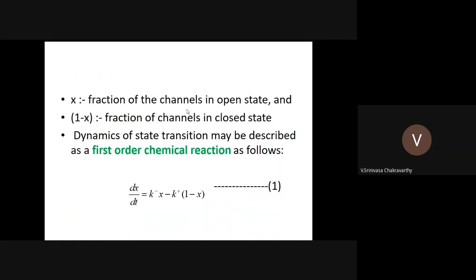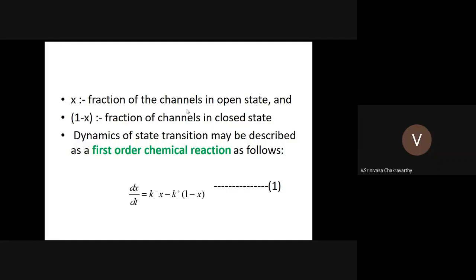The same thing can also be applied to this situation. We are representing the open-close dynamics of a channel as if one molecule is becoming another molecule and also going in the backward direction. To describe that, let us assume that X is the fraction of channels in the open state, and therefore 1 minus X is the fraction of channels in the closed state.